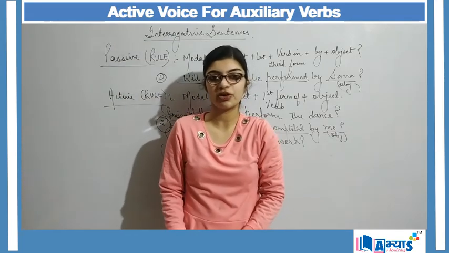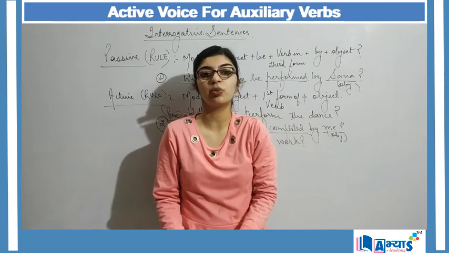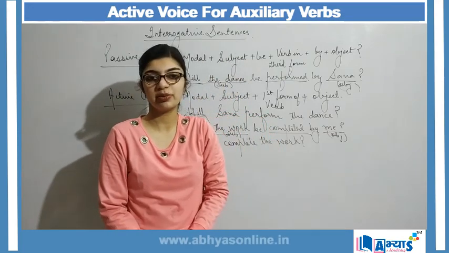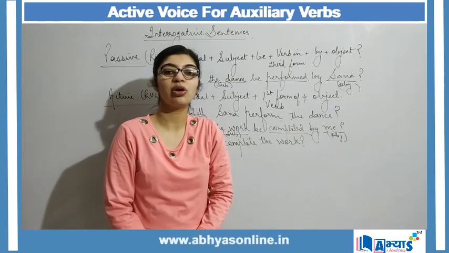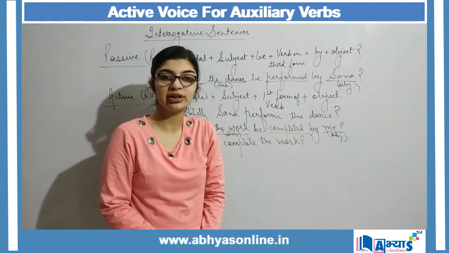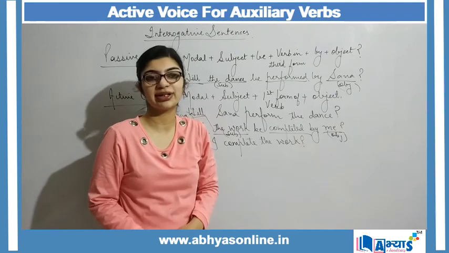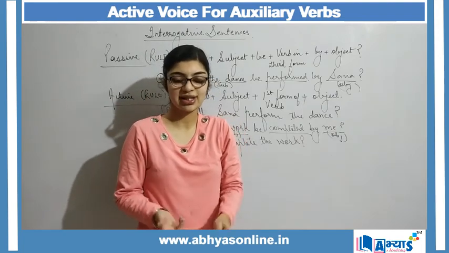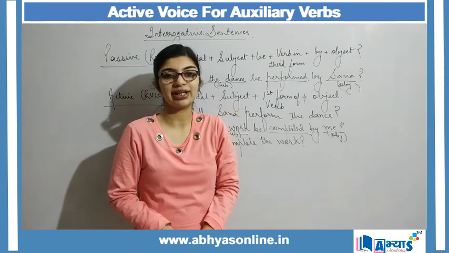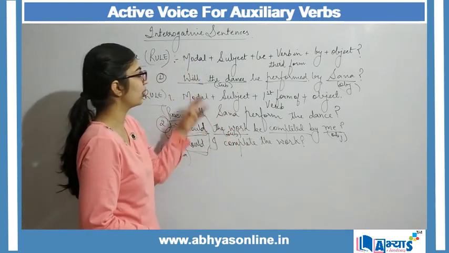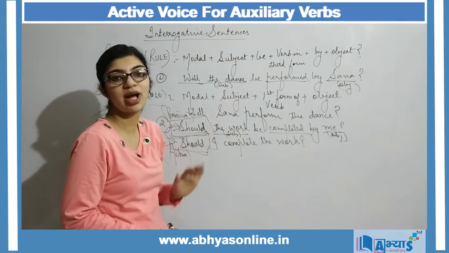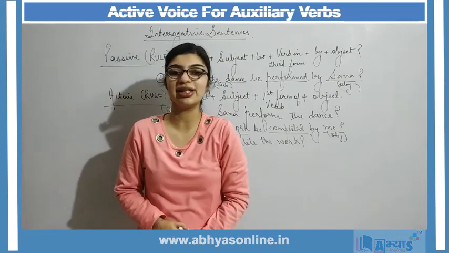So in this video, we studied how to convert a passive voice into active voice with auxiliary verb, and we also understood how to convert it in different types of sentences. First, we understood by using positive sentence, then by using negative sentence, and at last we also made use of interrogative sentences to convert passive voice to active voice with auxiliary verbs.